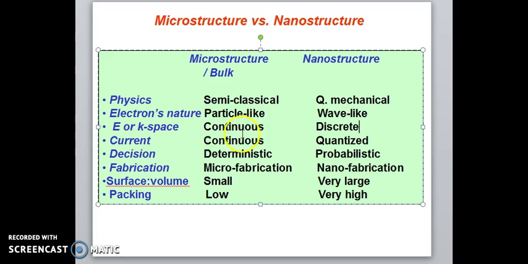So in bulk there is a continuous E space or K space, and here it is a discrete K space. Because of this and the quantization of the current, only certain currents can be sent through this.